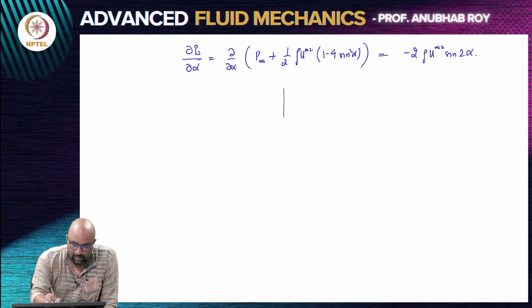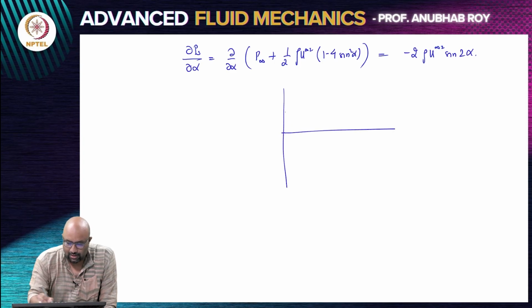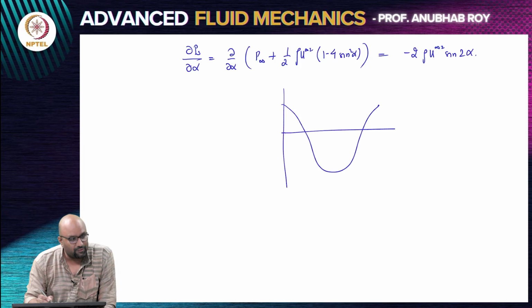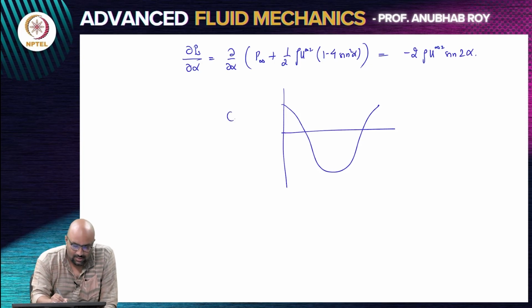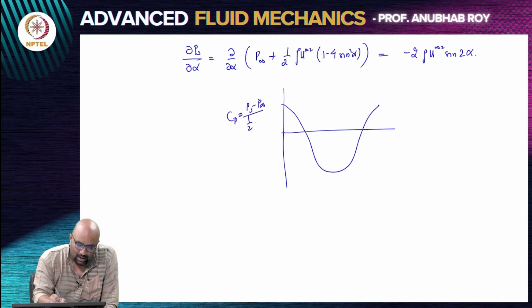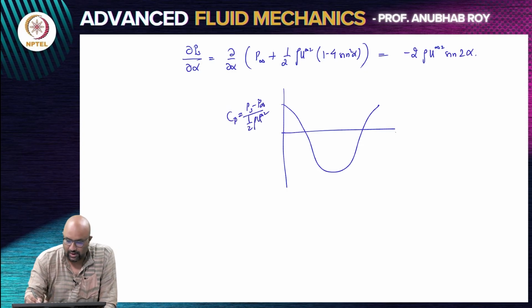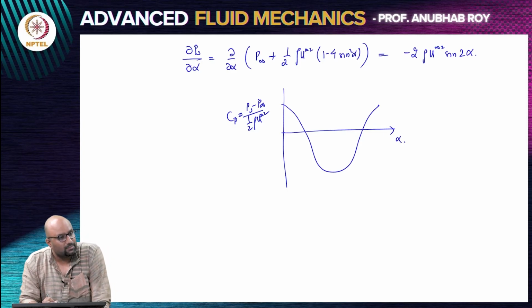So, if you remember, the profile for pressure or the pressure coefficient looks something like this. This is my Cp, Ps minus P infinity by half rho u infinity square, as a function of either theta or alpha, right.